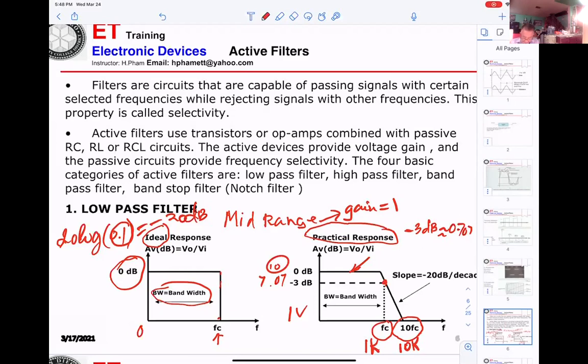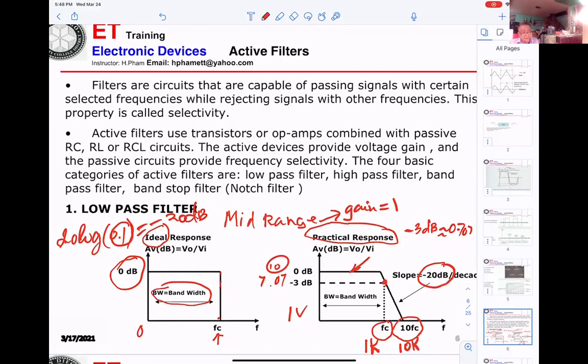Then they are telling you that you go down 20, so you have to find a number equivalent to minus 20, exactly the same as when they say minus 3 dB. What number is equivalent to minus 3 dB? That means 0.707. And you take 10 times 0.707, you get 7.07 volts.